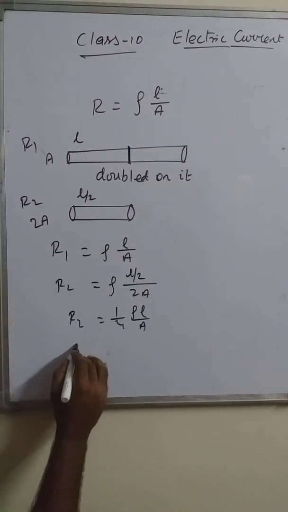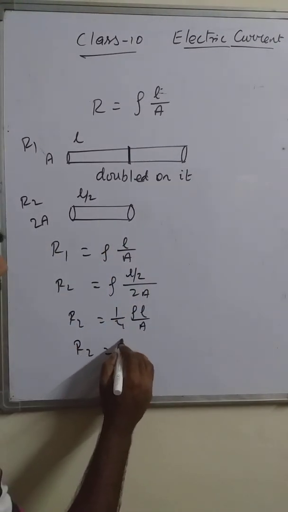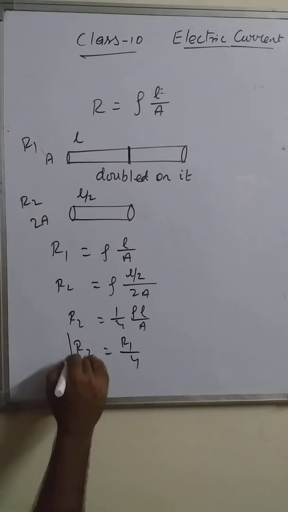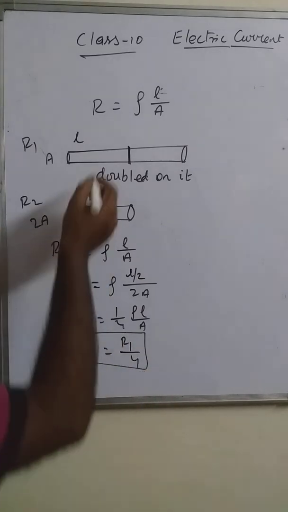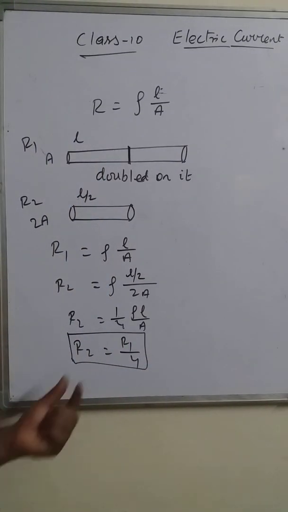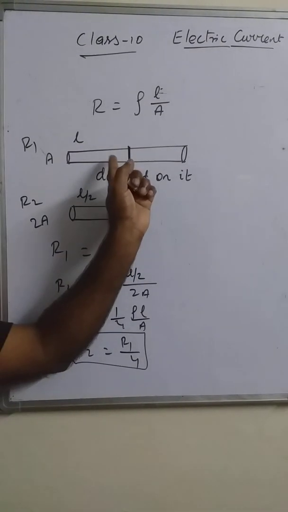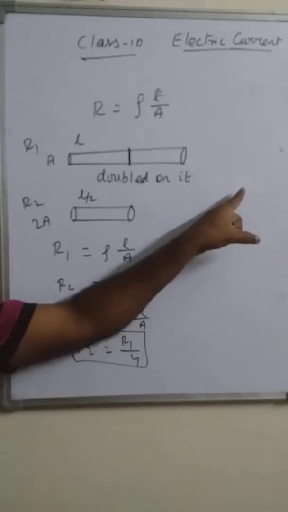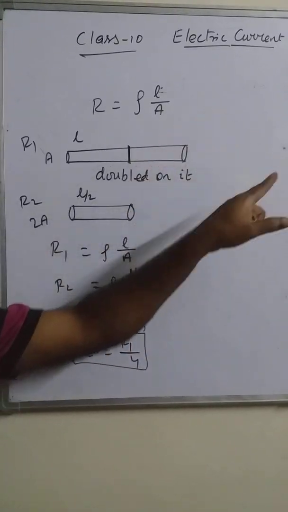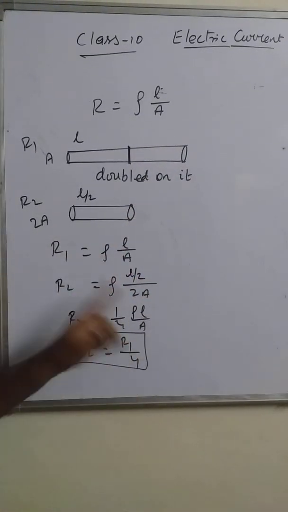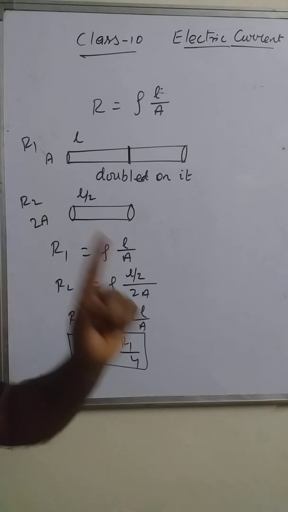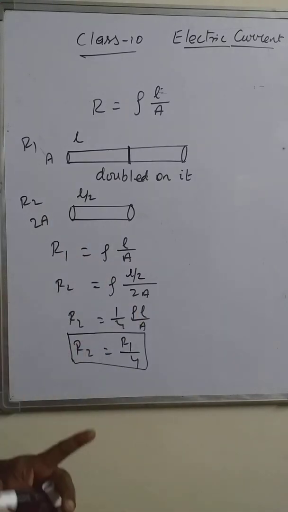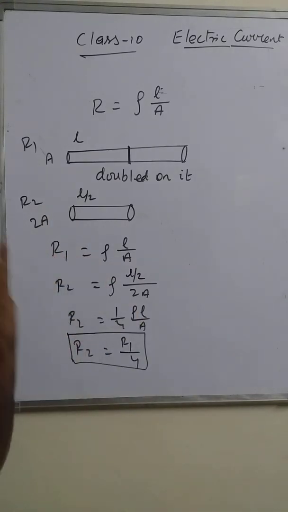That is R1. Now R2 is equal to R1 upon 4. This is also one example. So if the same wire is stretched, resistance is increased by 4 times. If a wire is doubled on itself, resistance is decreased by 4 times. This is the example related to resistivity, right? And more examples are also there. We'll discuss in the next session.